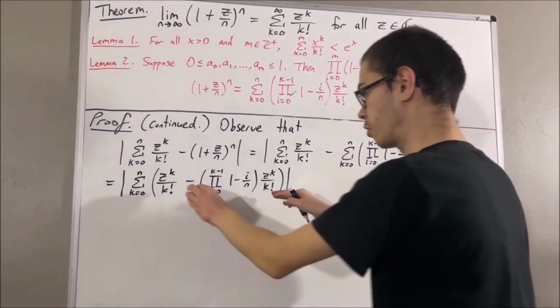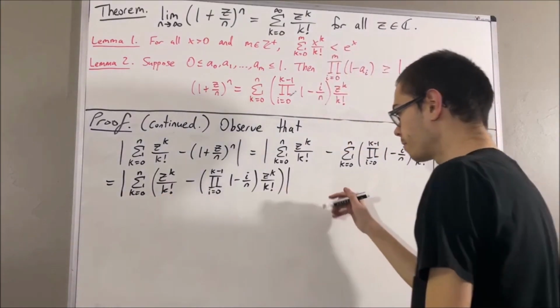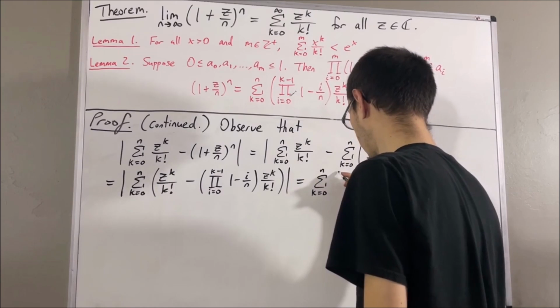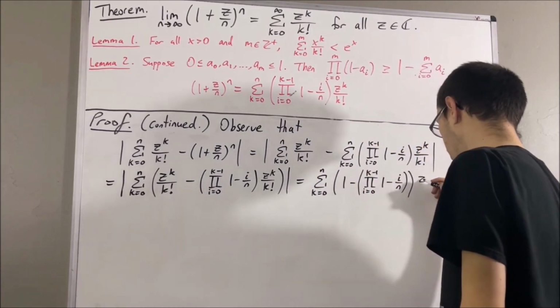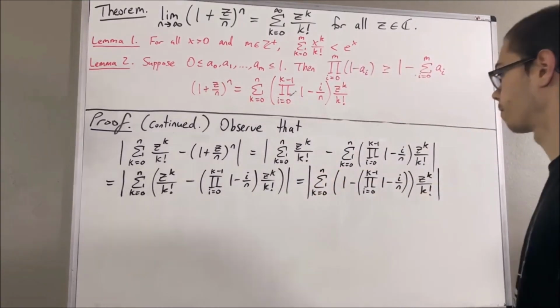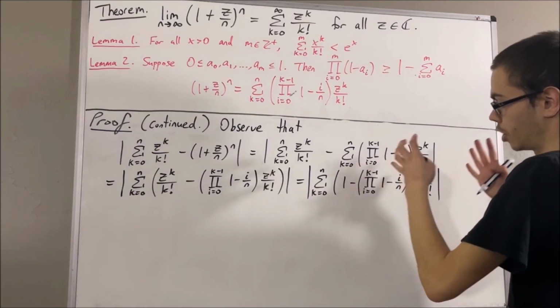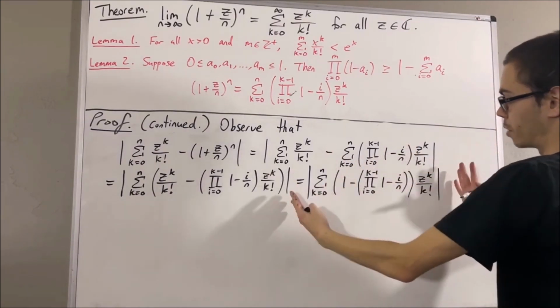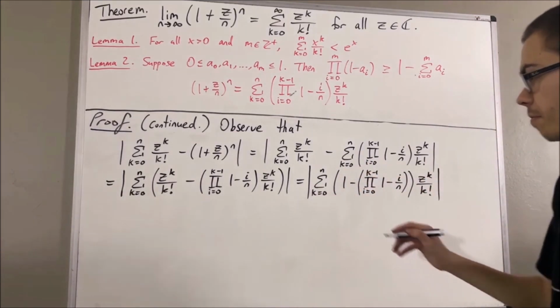And now we're going to factor out z to the k over k factorial on the right-hand side. Then next, let's apply the triangle inequality. The triangle inequality tells us the absolute value of a sum is less than or equal to the sum of absolute values.